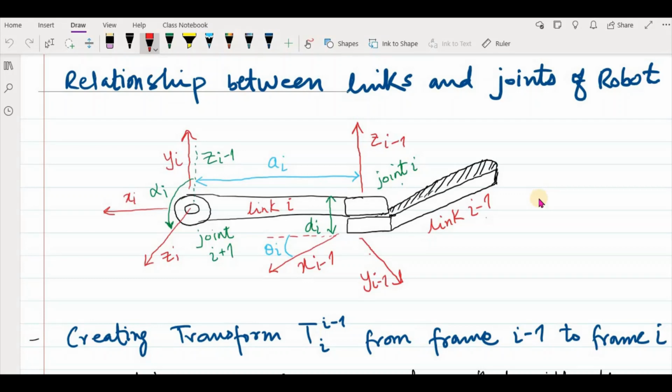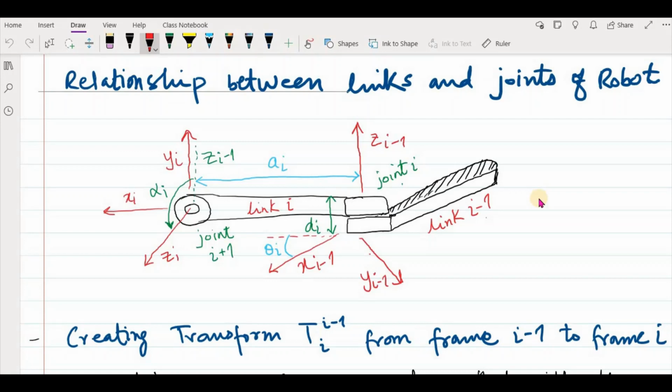So now we have three parameters which are fixed, and the fourth parameter is d_i. d_i is also a fixed parameter which shows the offset between link i minus 1, which is here, and the link i. You see that these two links are not at the same height.